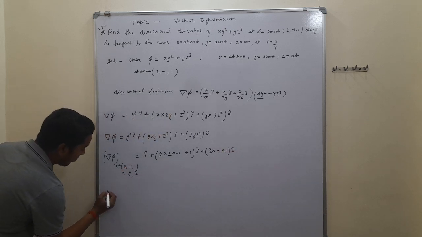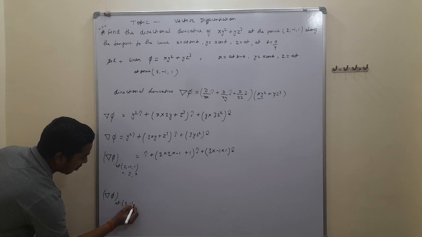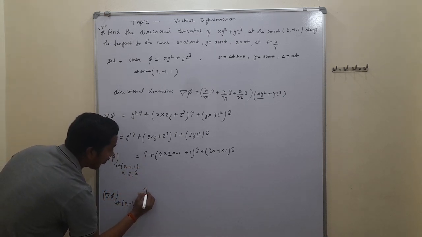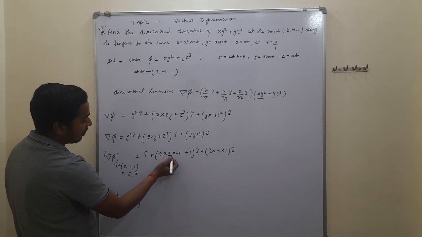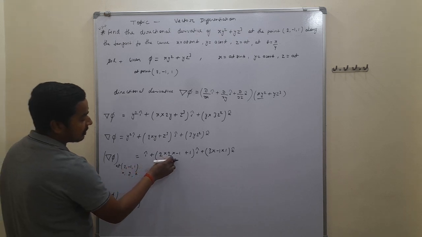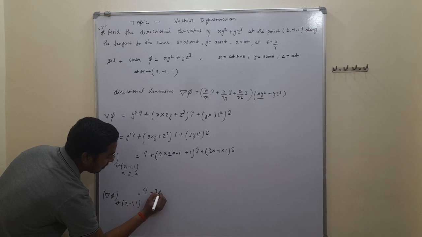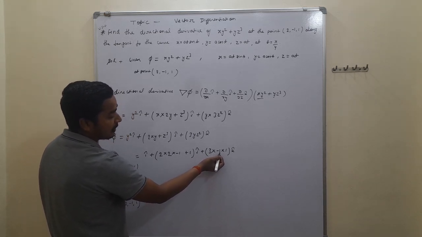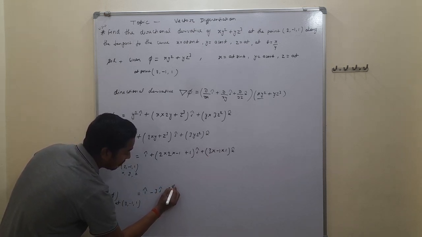Solving: i cap, then 2 times 2 is 4 with -1 gives -4, plus 1 gives -3, so -3 j cap, and 3 times -1 times 1 gives -3, so -3 k cap.